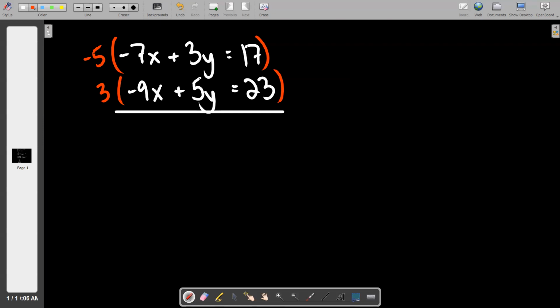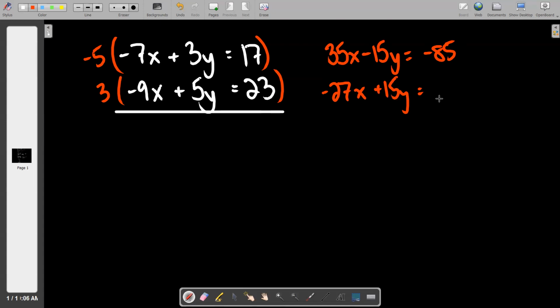So now what's my new top equation going to say? You're right. Yep. Good job. And then the bottom equation, if we triple everything, what do we get? Nice. Good, good, good. And so now we've created an eliminatable system.